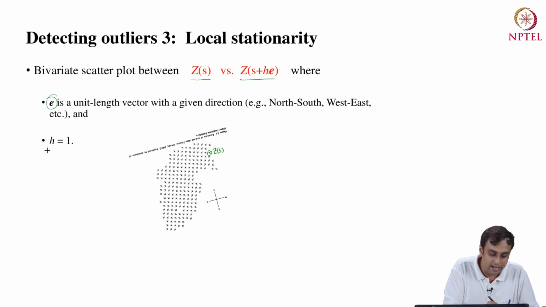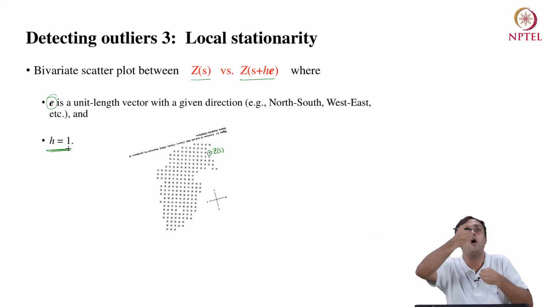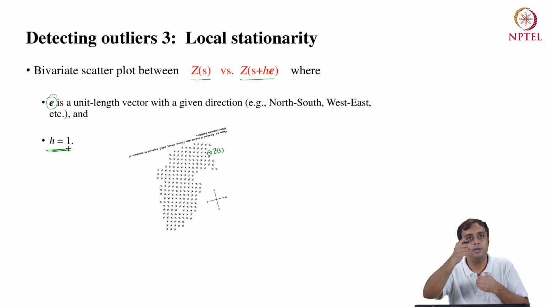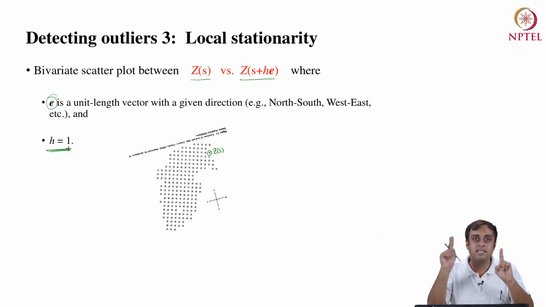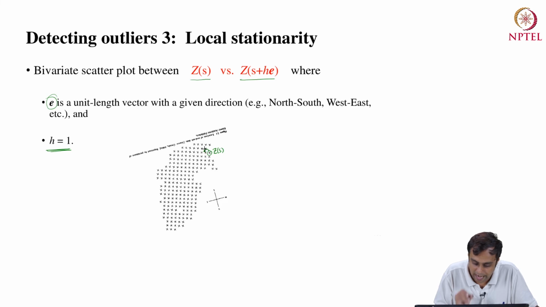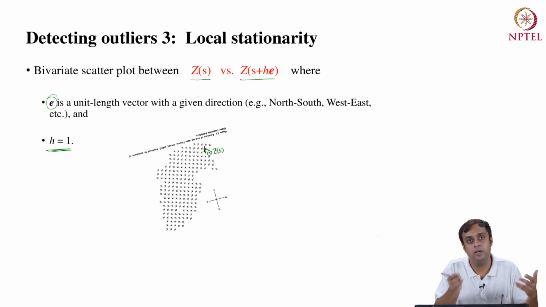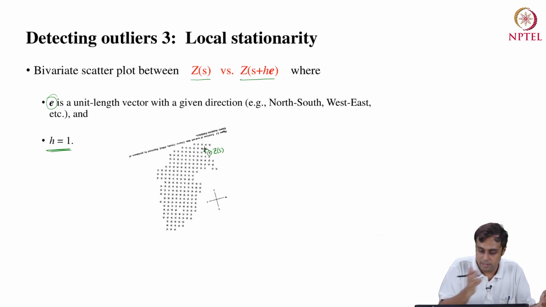h, on the other hand, is the size of the hop that I want to take from a given location S, right? So h is set to be 1. I'm going to move one step at a time, right? So E will tell me, okay, if I'm standing at S, I want to move one step left so that I can get to S plus hE on the immediate cross on the left, right?